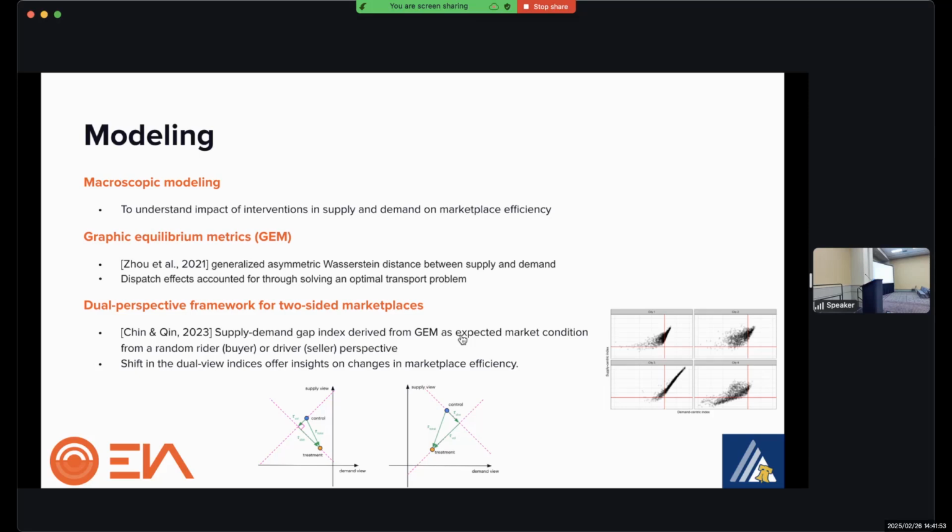One corresponds to shifts purely in volume, which is supply or demand volume influx into the marketplace, and the other orthogonal direction is the changes in distribution of the supply and demand, and hence more directly related to marketplace efficiency.